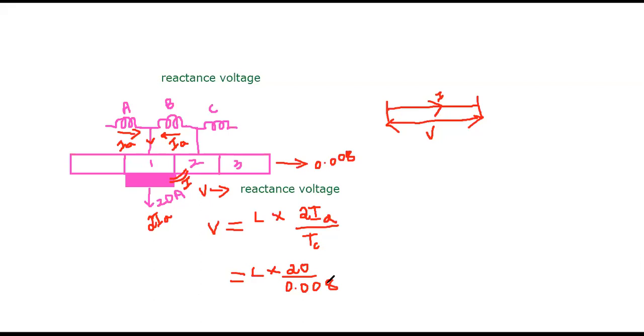If you simplify these values, we will get a huge value. The numerator is only 20. So 20 divided by 0.008, what will be the answer?